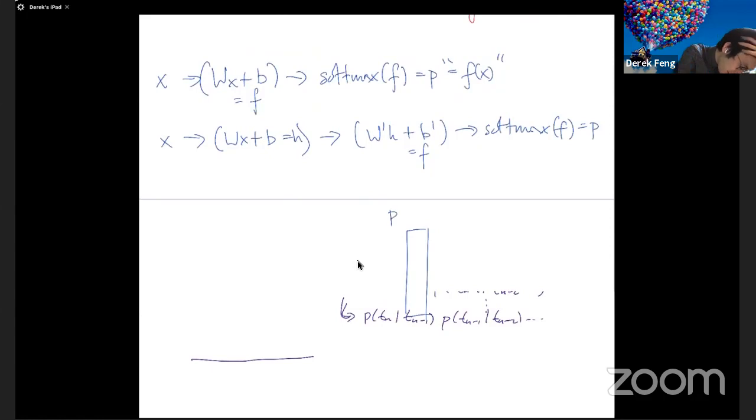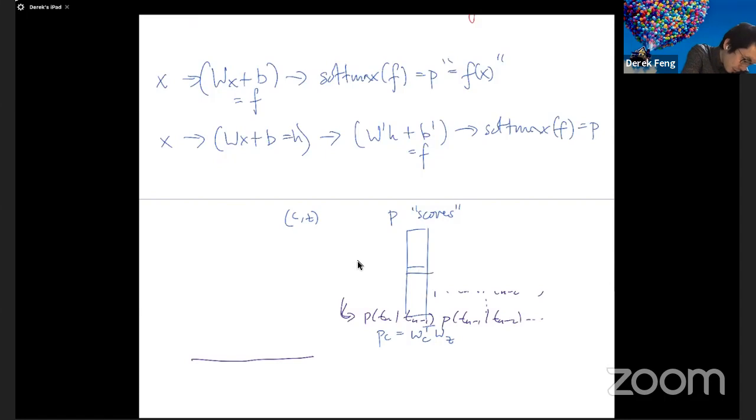So P of x, P right here is the scores, such that P of C is basically WC transpose WZ. So it's the inner product between C and Z, where our data looks like C and Z. Okay, so these are the scores.